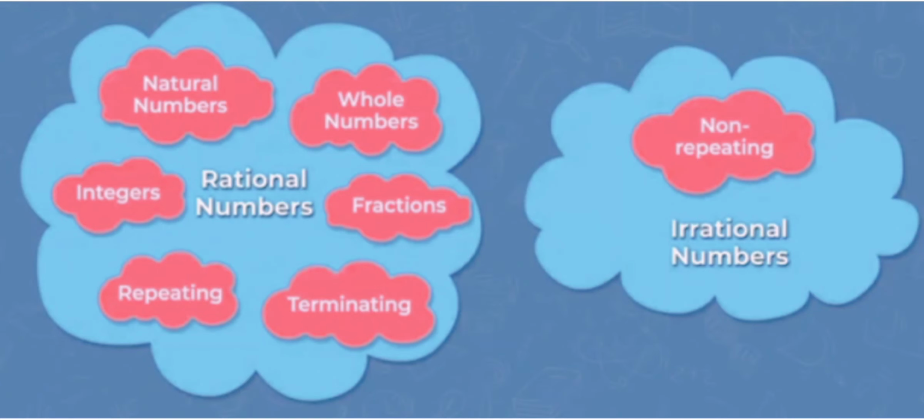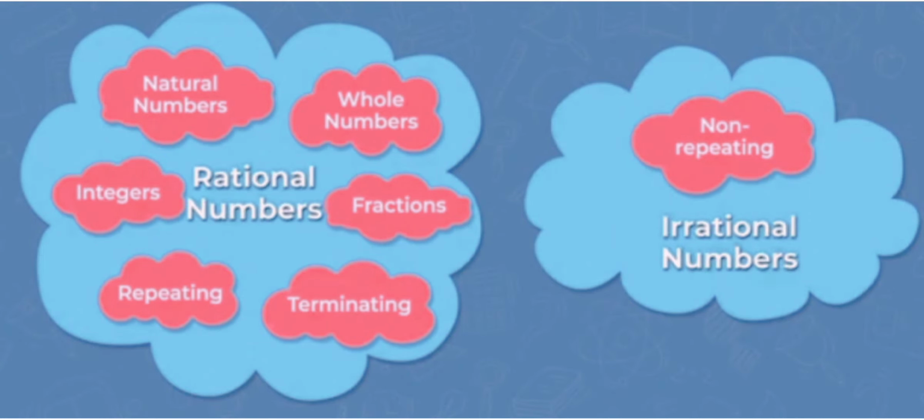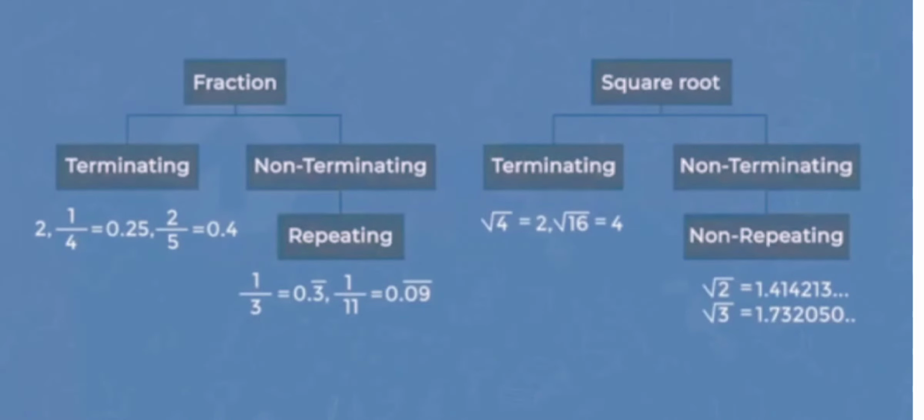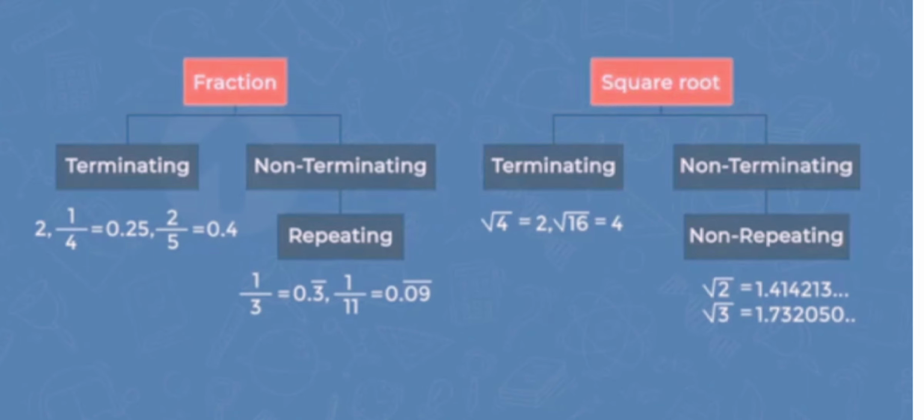And all the different types of numbers can be placed under just two categories: rational and irrational. Here's the chart we had seen in the earlier session for fractions and square roots of numbers. Take a look at it for a few seconds and try to answer these questions.